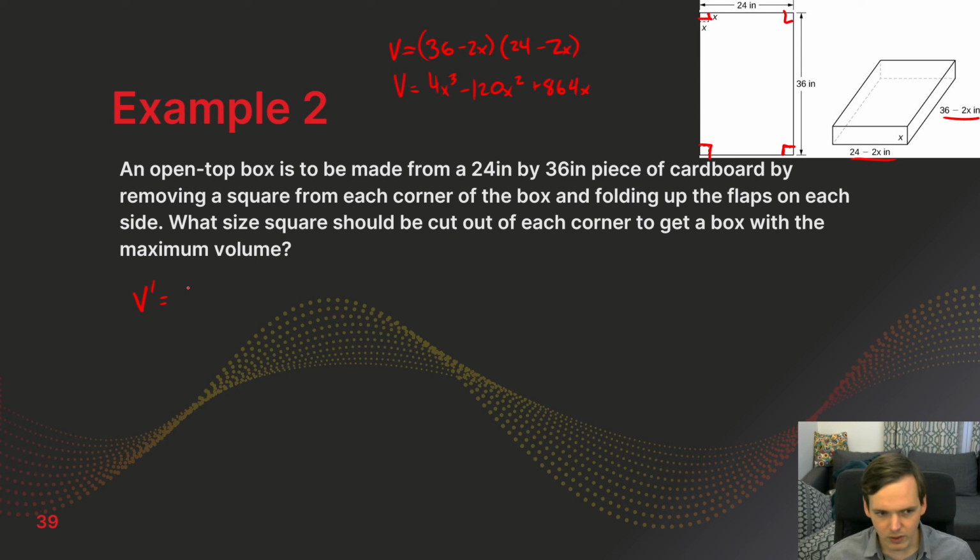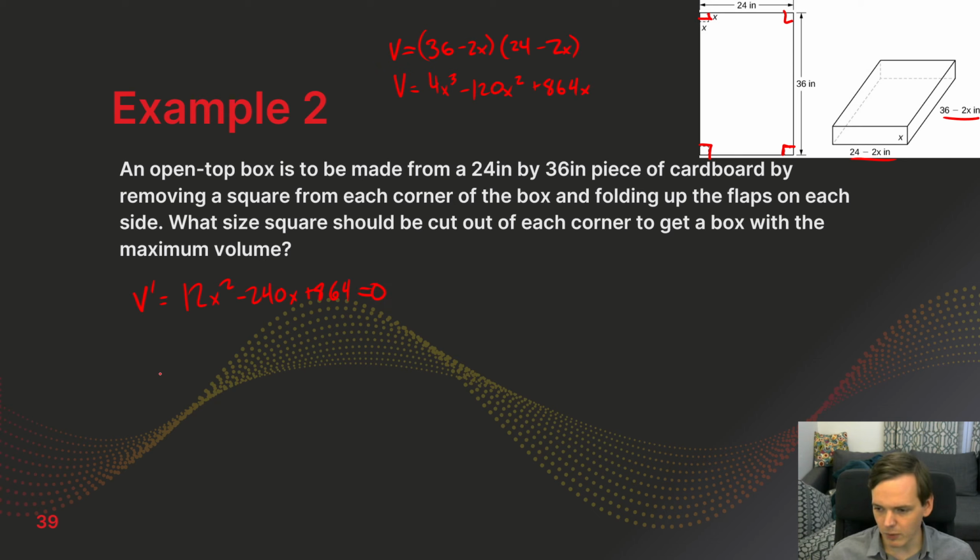Taking the derivative, we should get 12x squared minus 240x plus 864. You'll need to use the quadratic formula to solve it, because we'll set it equal to 0.